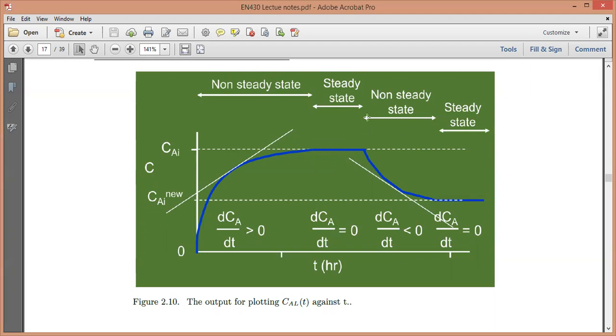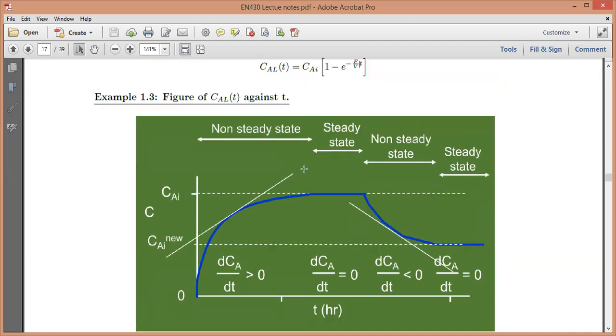Okay. Then non-steady state also is achieved here now where you have dCA over dt is less than 0. Then again, you have steady state also being achieved here. Okay, this is why it's a combination of non-steady state and steady state condition.